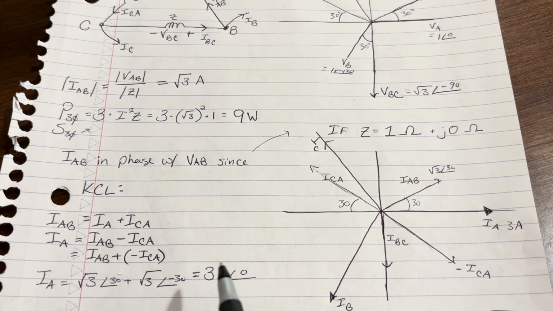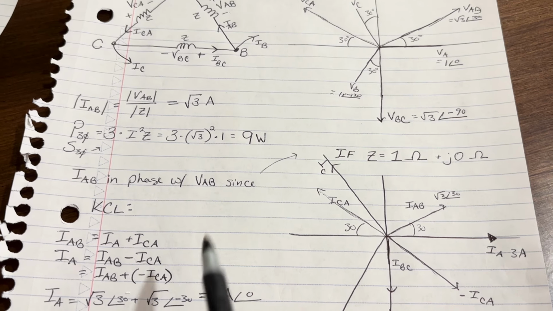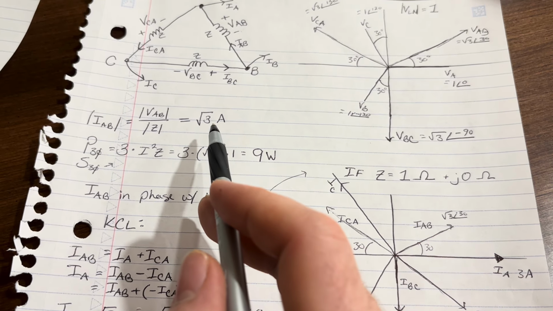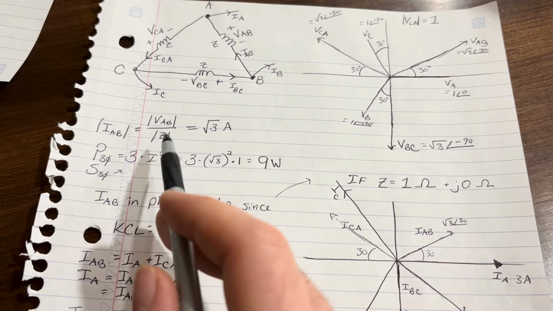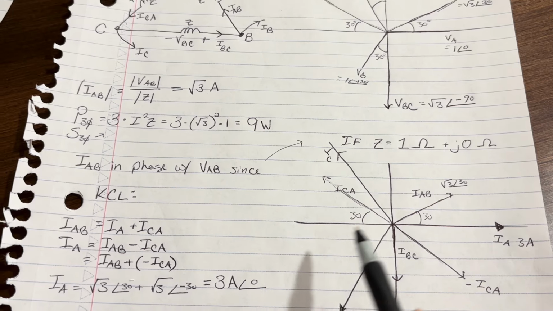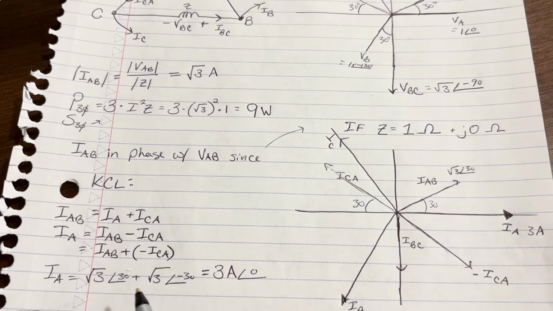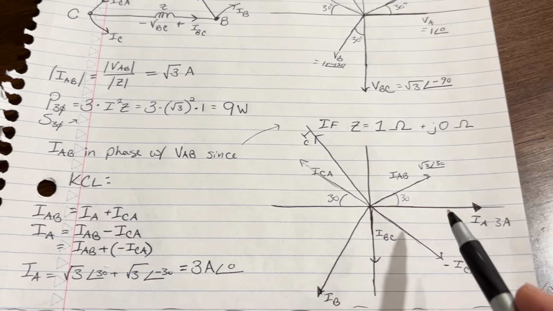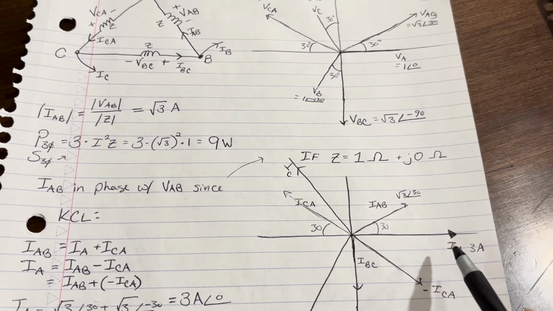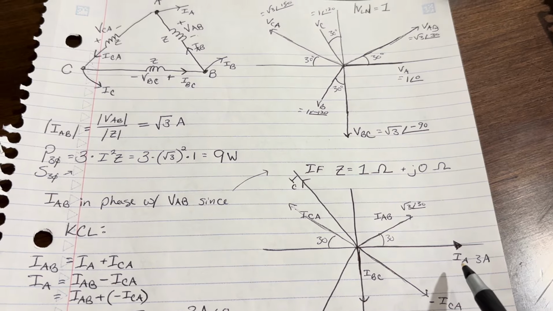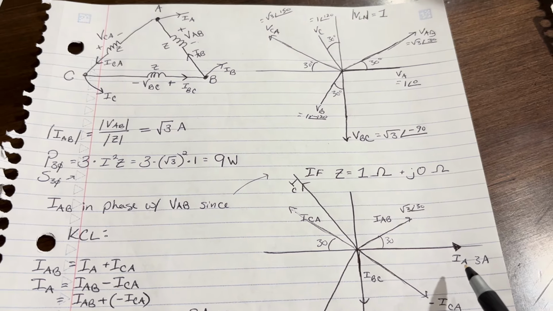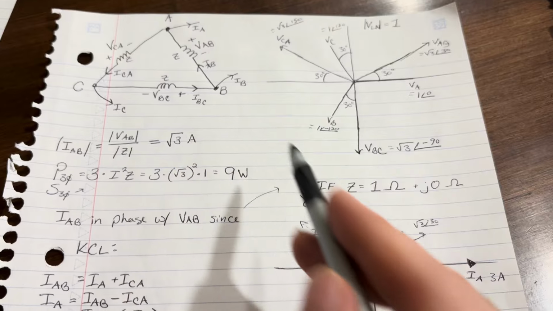Well, it's a square root of 3 magnitude for IAB because we just solved it here. Now the magnitude of IA, we just do our same vector addition as before, but this time it looks like this. So for delta, the line currents are actually larger than the phase currents.